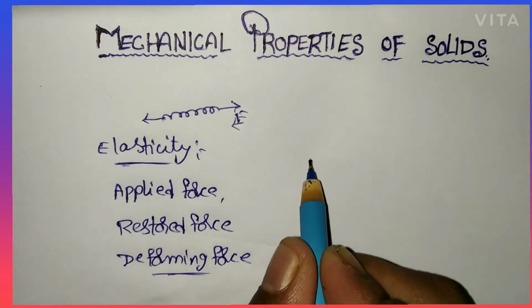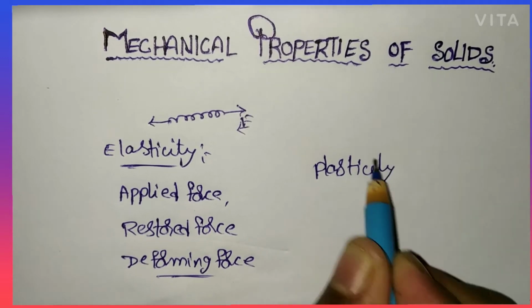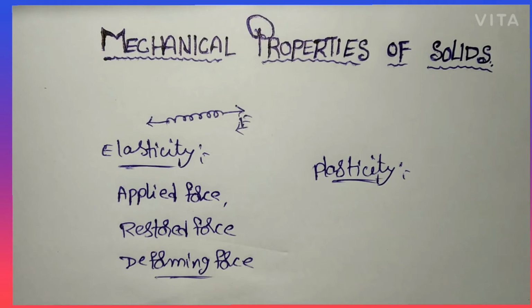Next, plasticity. Plasticity is the property of a body which does not regain its original configuration after the removal of the deforming force.